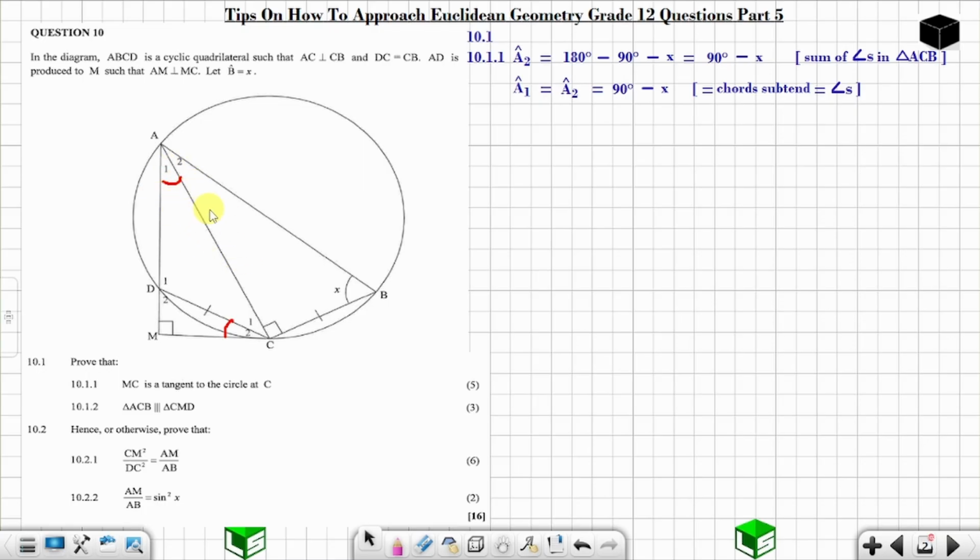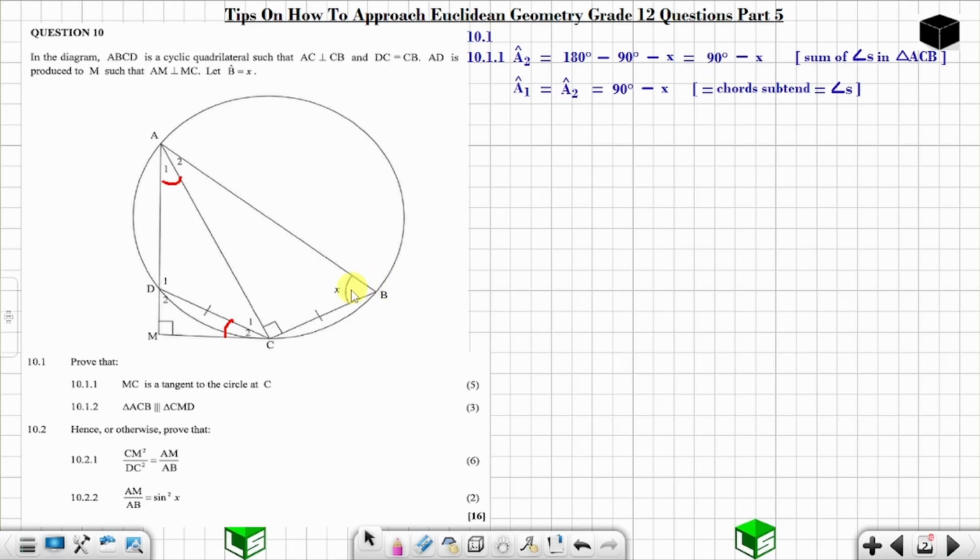Now we have A1. Let's find the angle C2 and see if the two angles are equal. So to find C2, we don't have enough information. We only have this angle in this triangle. This angle is 90 degrees. We can find the angle D2 because this is a cyclic quadrilateral.